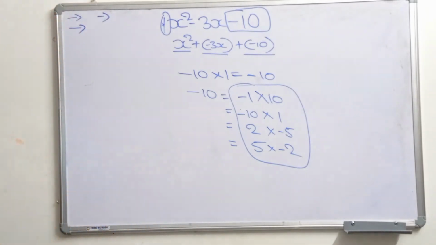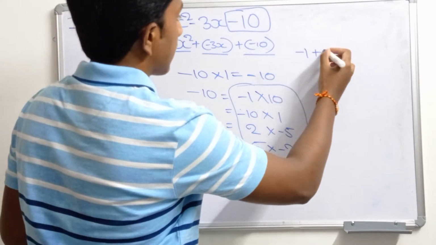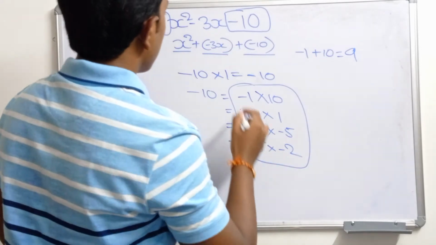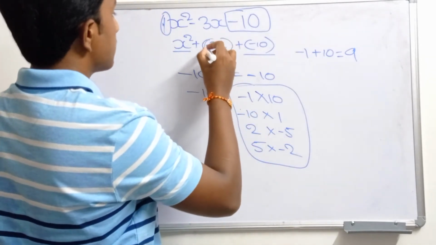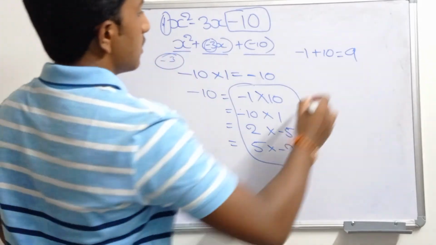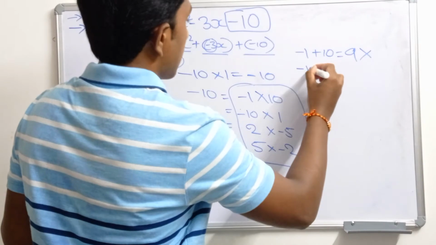Now we have to add the factors. Shall we check by adding? Minus 1 plus 10, that means 10 minus 1 is equal to 9. But the thing we have here is minus 3. So this is wrong.